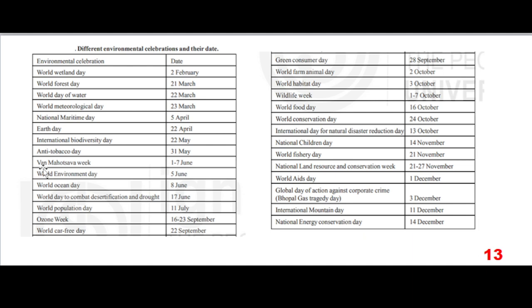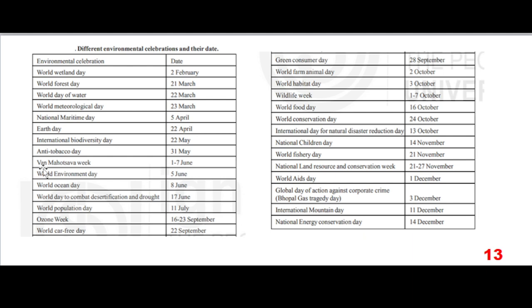Then World Day of Water, 22 March. World Meteorological Day, 23 March. Then National Maritime Day, 5 April. Then Earth Day on 22 April. International Biodiversity Day, 22 May. Then Anti-Tobacco Day on 31st May.